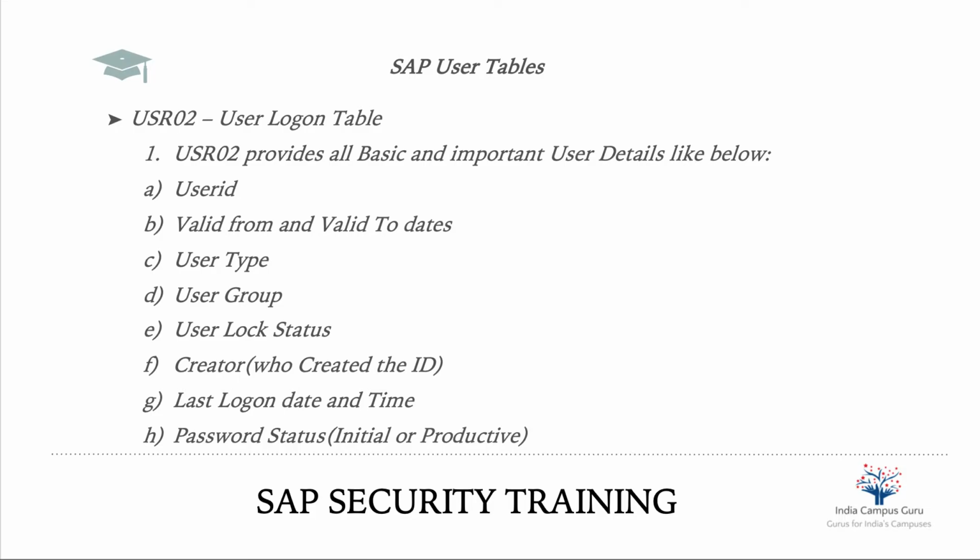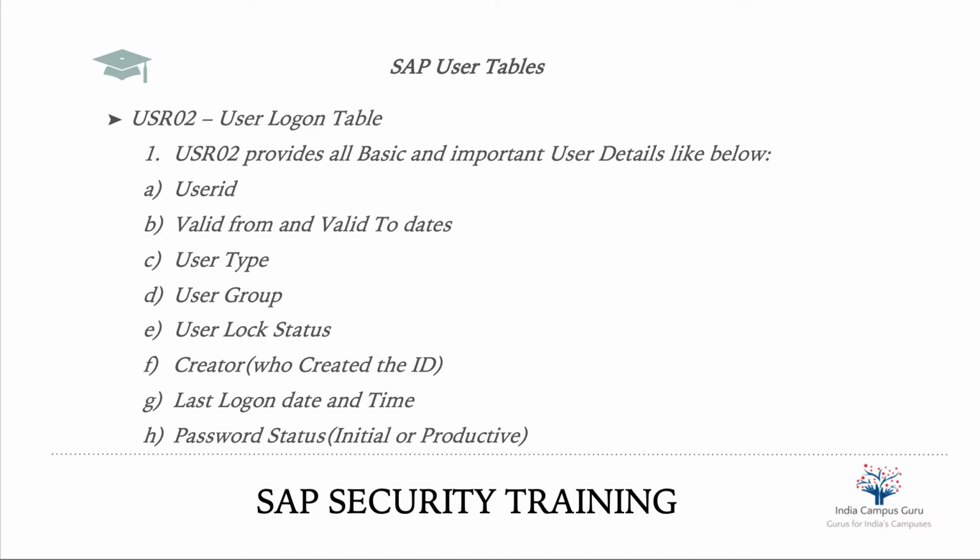So let's talk more about USR02. As I said, it has user logon data, and it gives you the basic and important details you would be looking for. Like what is the user ID? Every SAP user has a unique user ID, so you can find that ID from there. If you know that user ID, you can find other details for it.